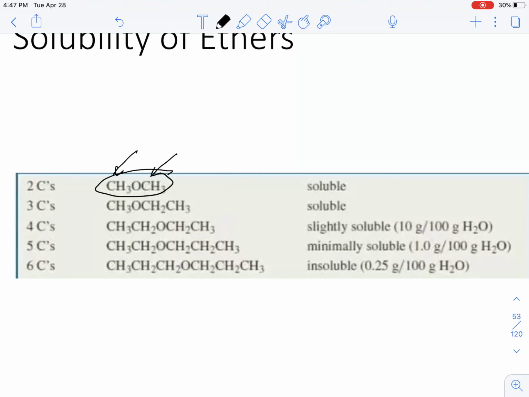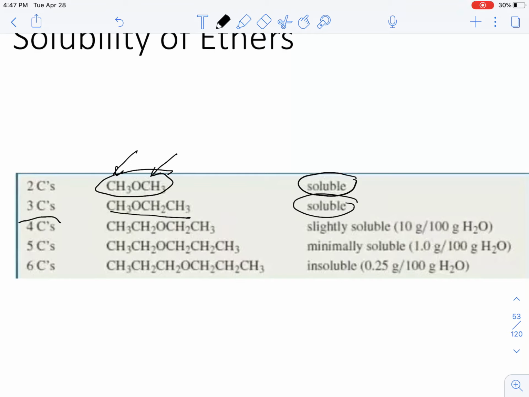Therefore, if you put a 2-carbon ether in water, we would expect to get a homogeneous solution. In other words, it is soluble. The same can be said about 3-carbon ethers, so it's soluble in water.